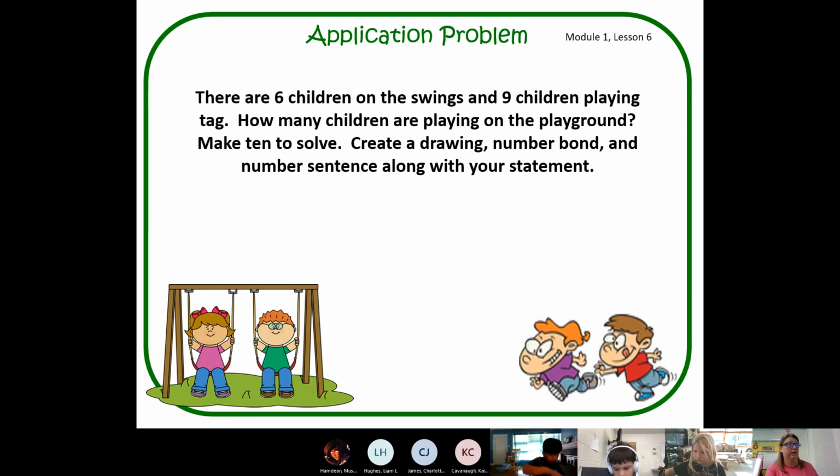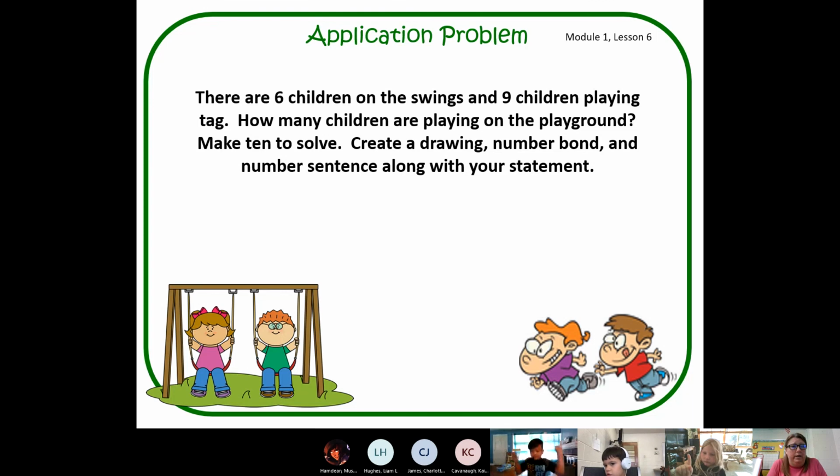All right, 6. Now, we're going to break apart that 6. All right. 9 plus what equals 10? Show me with your finger. 1. So 1 is going to be your part.